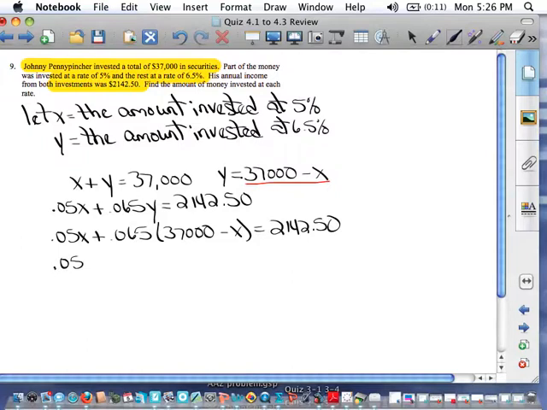Use the distributive property. You get 0.065 times 37,000 is 2,405, and then minus 0.065x equals 2,142.50. Combine like terms, you get negative 0.015x.